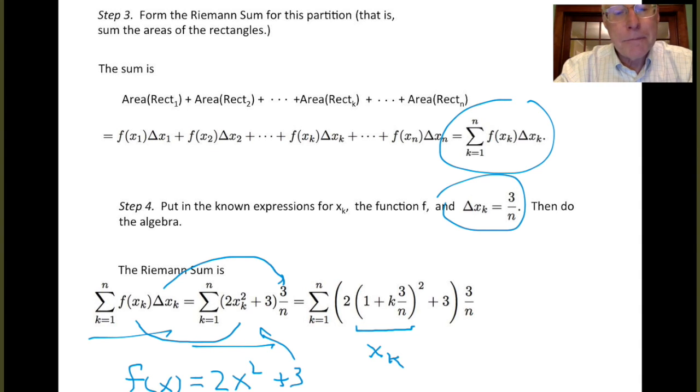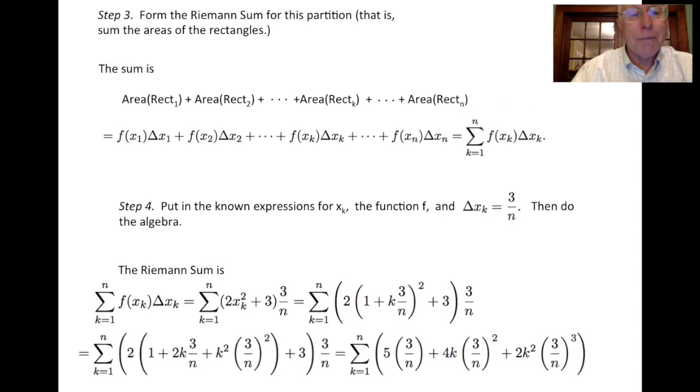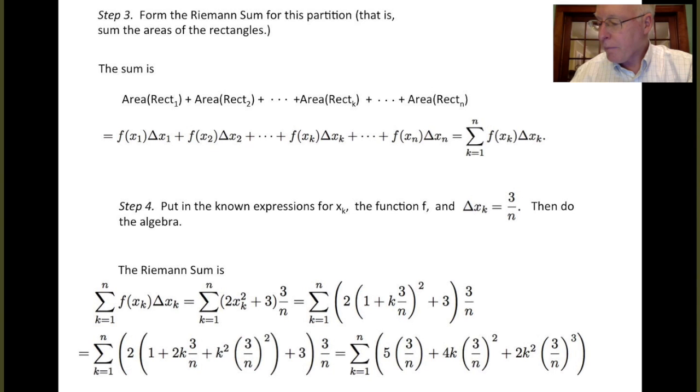Now, when you work through these problems on your own, try not to skip steps. Write out all these steps. If you skip steps, chances are you're going to make a mistake or leave something out. And from here on in, it is pretty much just algebra. In the next step, we did a little bit of algebra, which involved expanding this square.